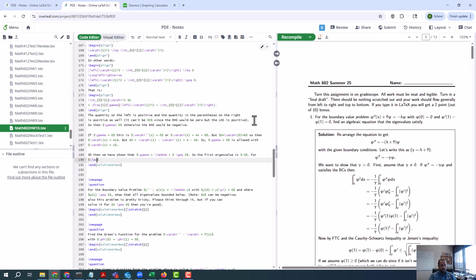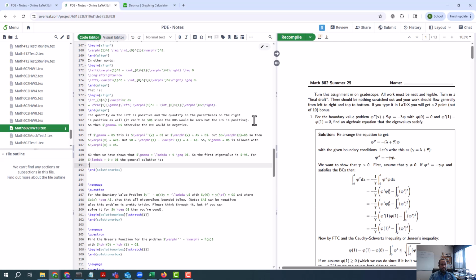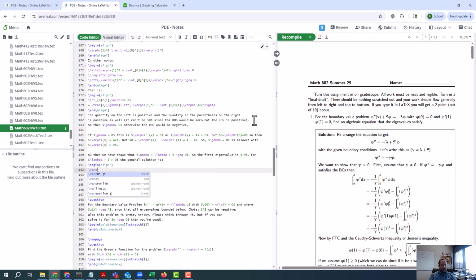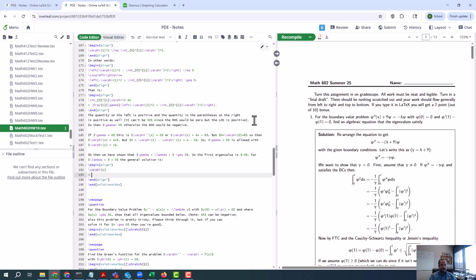Okay, now for lambda plus 9 greater than 0, the general solution is going to be phi of x is equal to a cosine of square root of lambda plus 9 x.